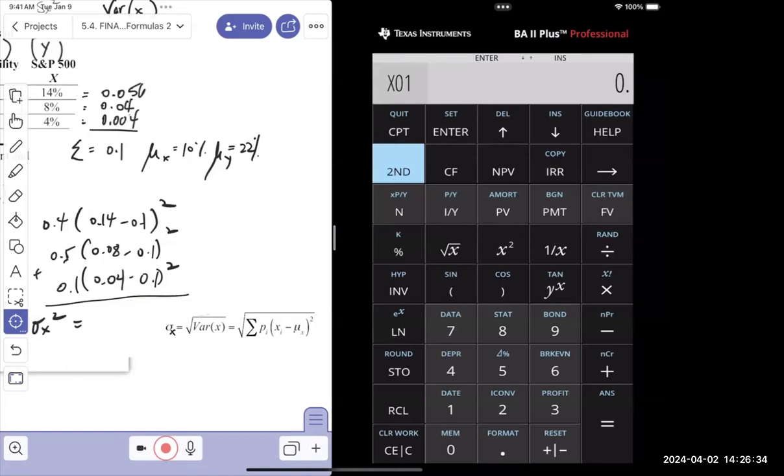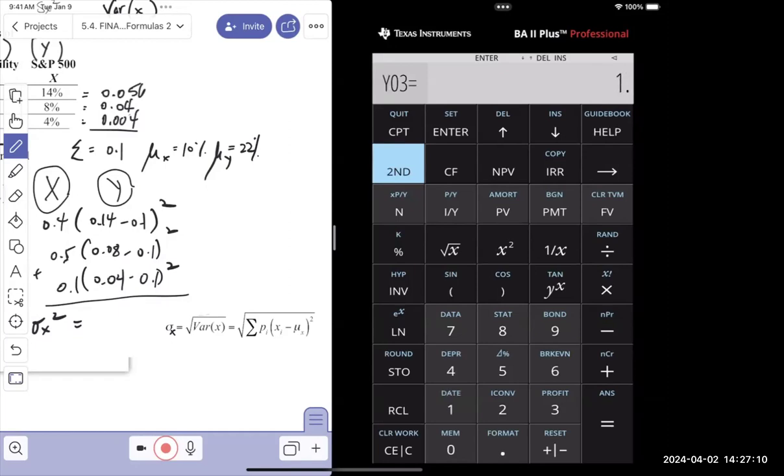worksheet for the data. So the data worksheet will have the probabilities as x and these deviations squared as y. So I'm going to put 0.4 and recall 1, and 0.5 and recall 2, and 0.1 and recall 3.